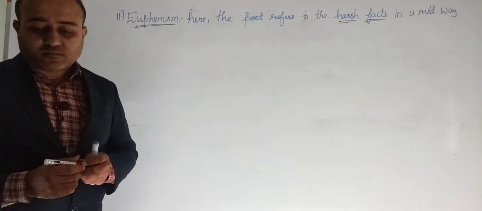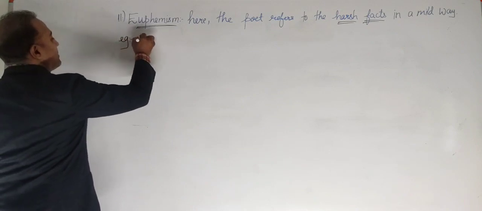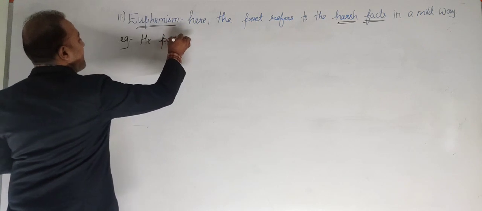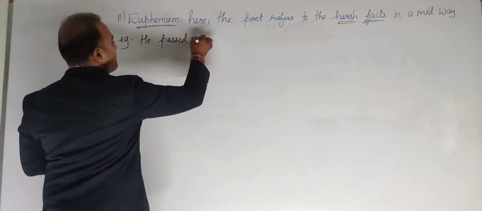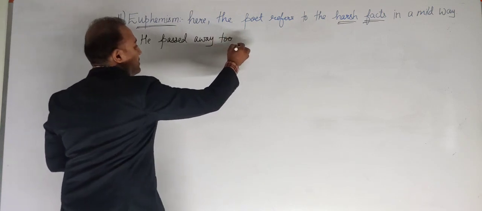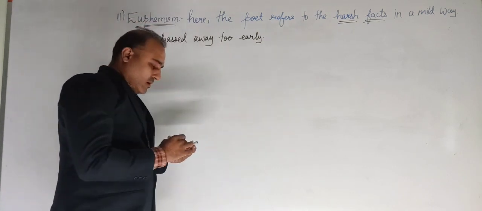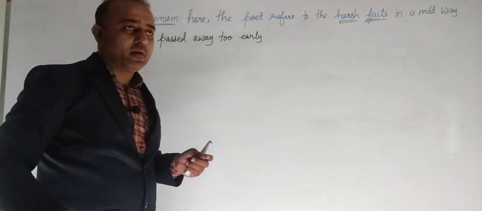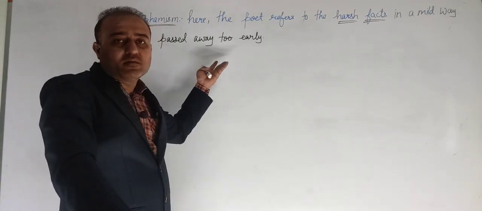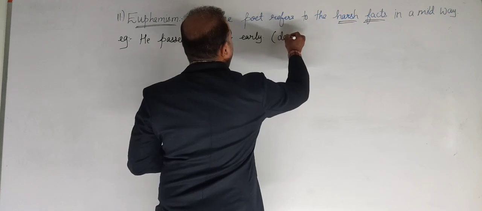Okay, example is, he passed away too early. We'll just take an example. If a death takes place, passed away is usually related with death.